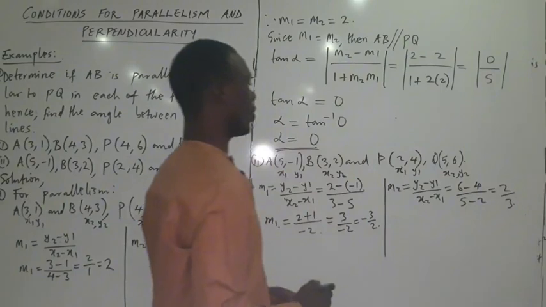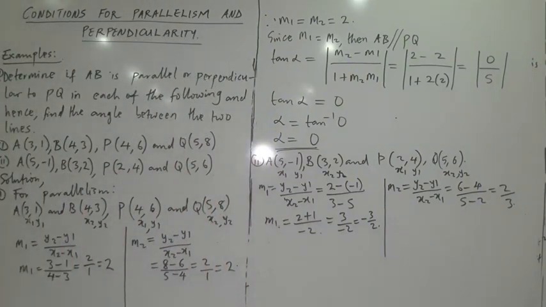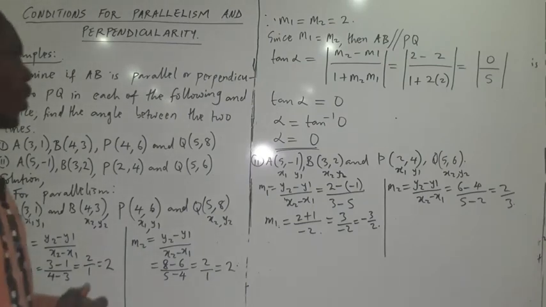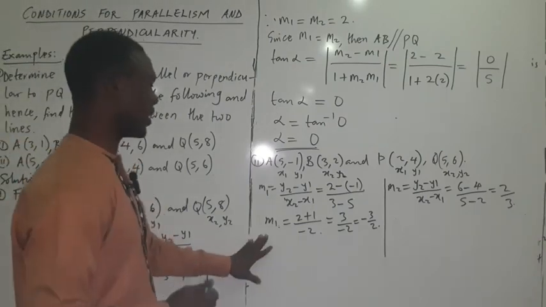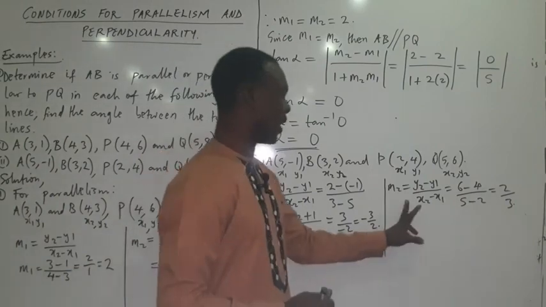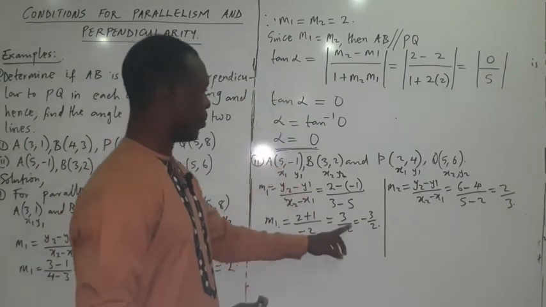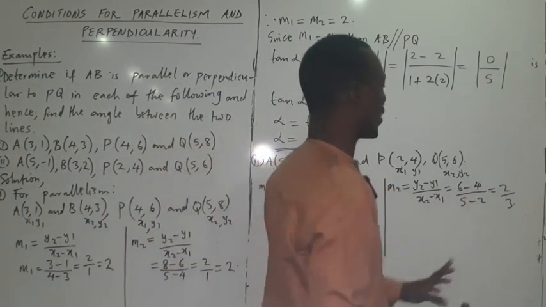So the gradient of the second line, M2, is 2 over 3. As you can see, M1 and M2 are not the same, because minus 3 over 2 and 2 over 3 are not the same.